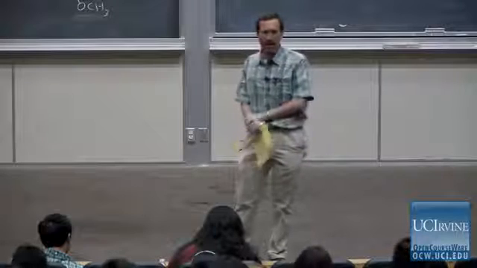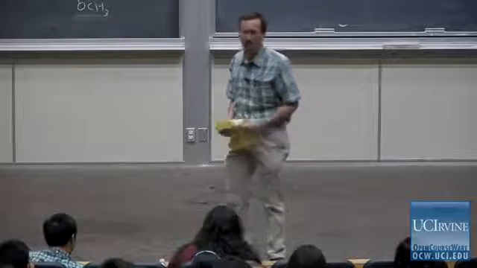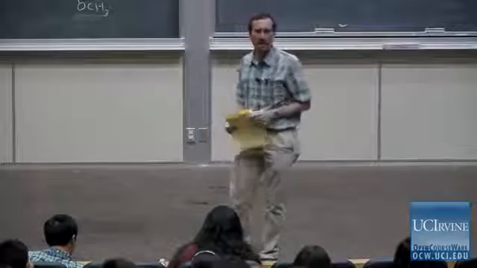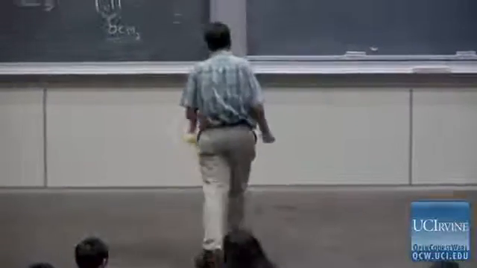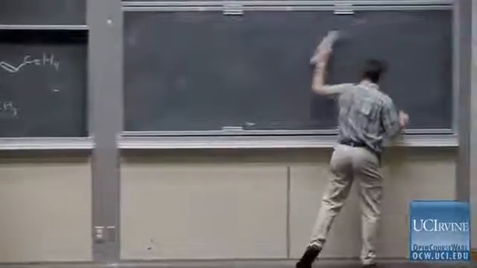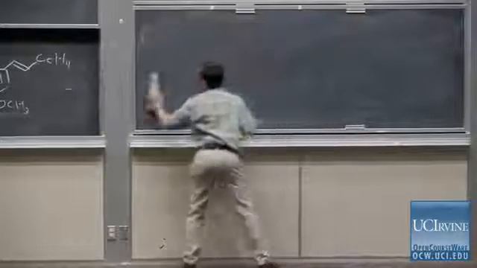And it seems that I can't pick up a copy of the JOC these days without seeing at least a couple of examples of the reaction that I'll show you next, the reaction of olefin metathesis that won Bob Grubbs and Dick Schrock the Nobel Prize in 2005.